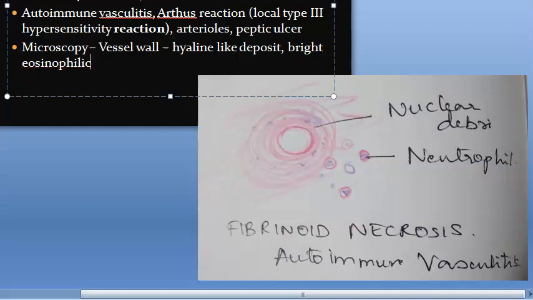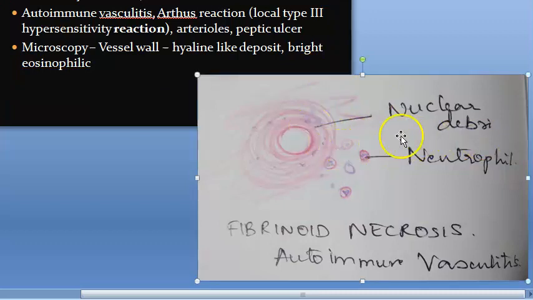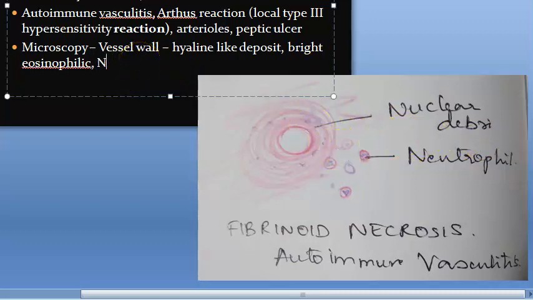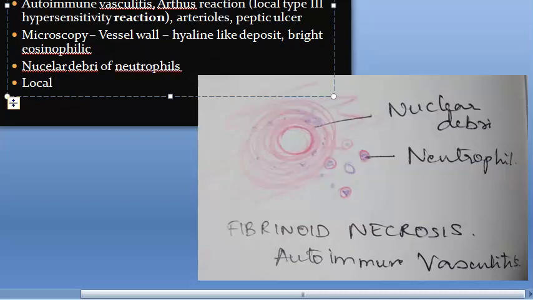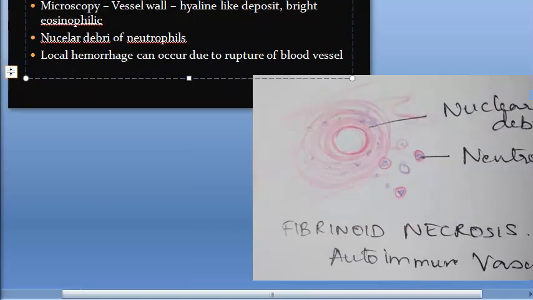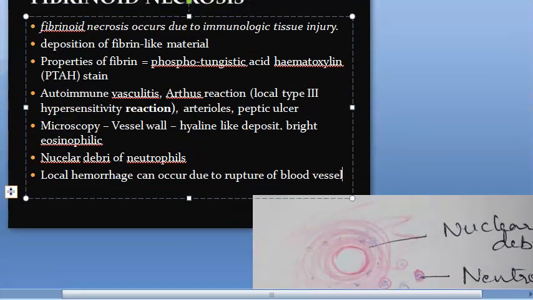The necrotic focus is surrounded by nuclear debris of neutrophils. This is called leukocytoclasis. Local hemorrhage may occur due to rupture of blood vessels.